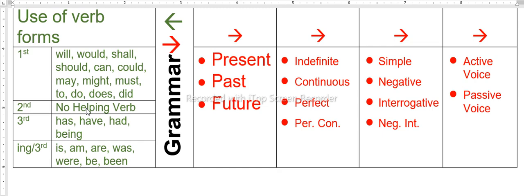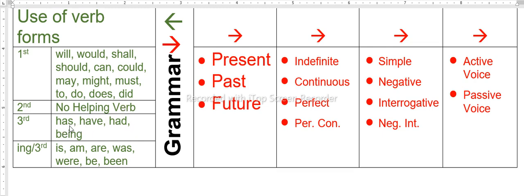Because this sentence doesn't have any helping verb, and we note that the second form of the verb is used in it, to change it into negative you say did not, and the first form comes first. For example, did not go, I did not go. Simple. So second form, no helping verb. And if you are using a helping verb with the second form, that's wrong.